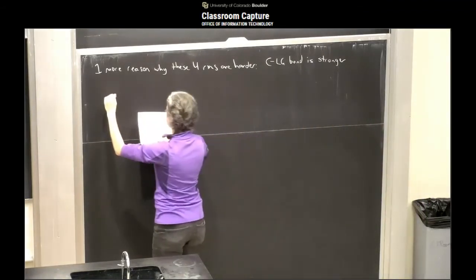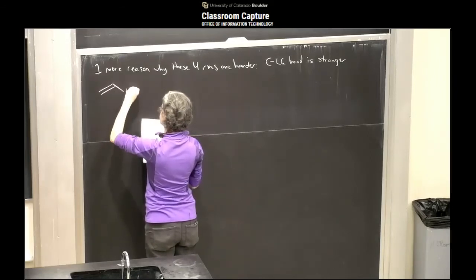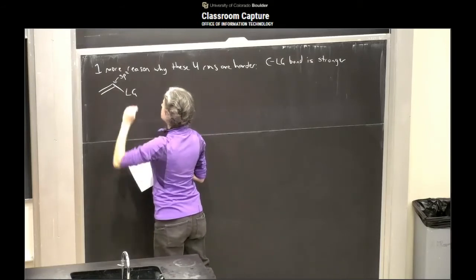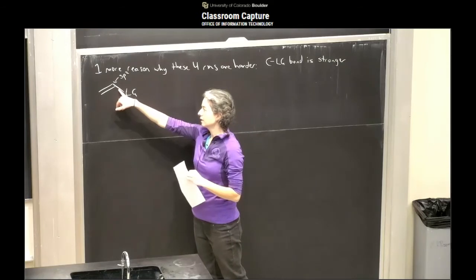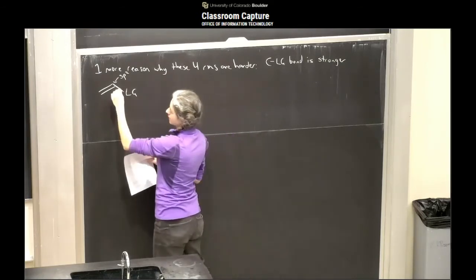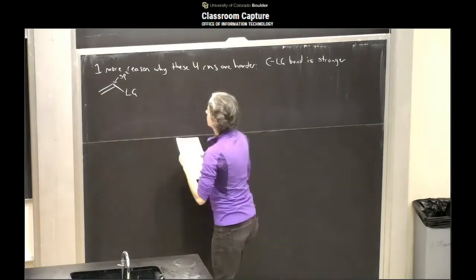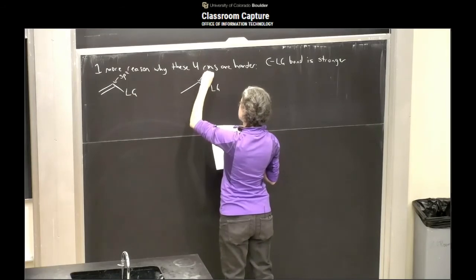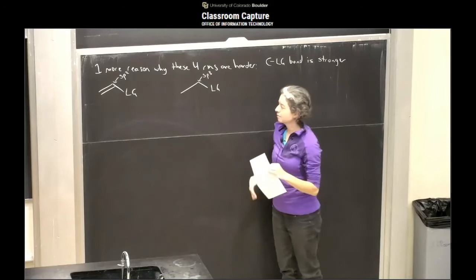Because if you remember from way back in chapter 1, I think, having an sp2 carbon here means that its bonds, because this is an sp2 hybrid orbital, have a little bit more s character than the bonds coming off of an sp3 carbon.